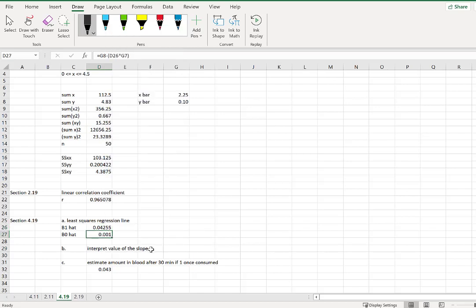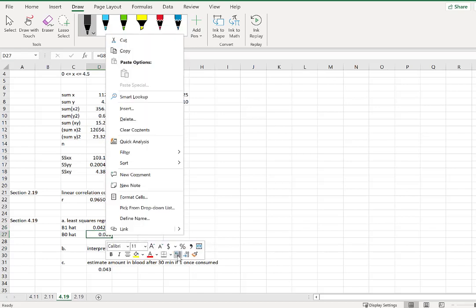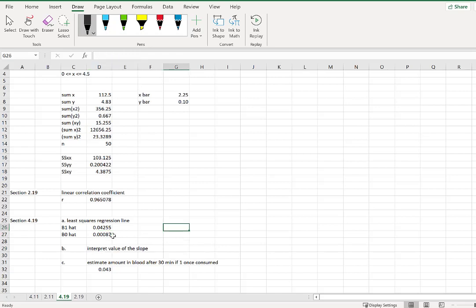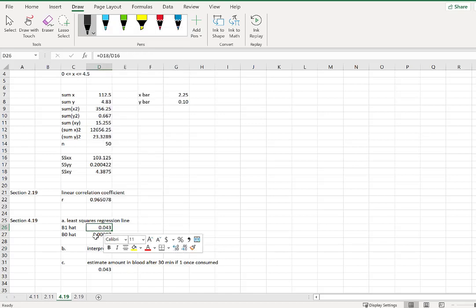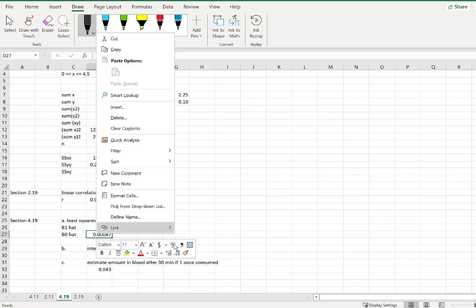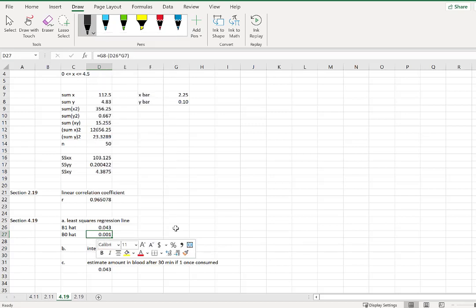We had even more significant digits out there in Excel, and as we add those together, it still rounds off to 0.043. So adding the rounded values is where we lose that point, and things don't look like they're adding up the way I thought they would, because at first glance it would be 0.044. However, with those significant digits, it rounds down that way. Okay, there we have it. Question number 19 in section 4.